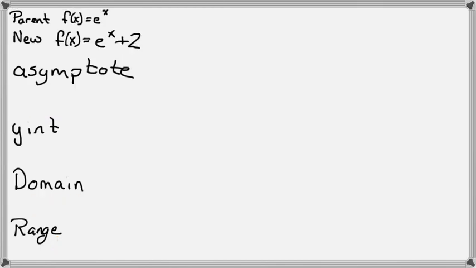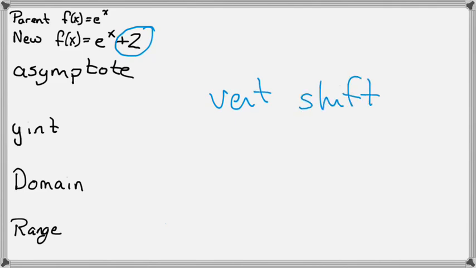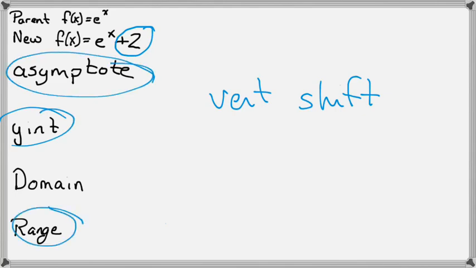So let's look at this next one. We have a +2. So that means this is a vertical shift. It is not in the exponent spot. So thinking back to our exponential, when it wasn't in the exponent spot, it was a vertical shift of 2. And so that's going to change our y-intercept. It's going to change our range, and it's going to change our asymptote from the standard.